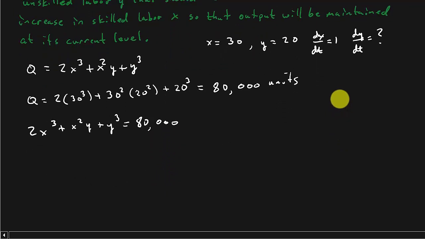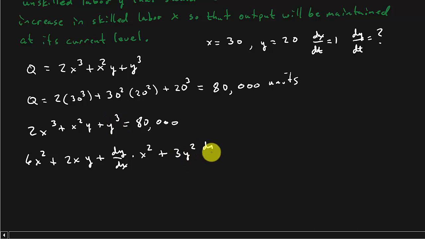That is going to give us 6x squared plus, now here we have to use the product rule. It's the derivative of the first function times the second function, plus the derivative of the second function, dy/dx, times the first, plus the derivative of y cubed, which is 3y squared times dy/dx, equals, and then the derivative of 80,000 is 0.